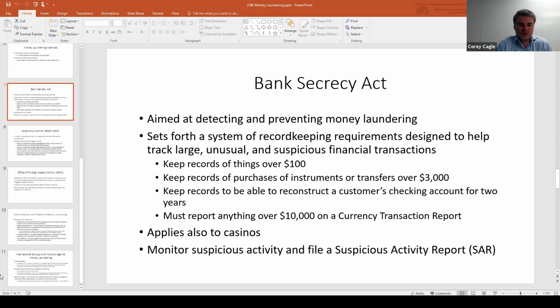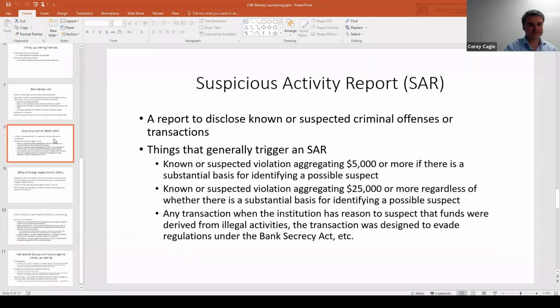And you monitor suspicious activity, and if you see it, you file a suspicious activity report, which is a report to disclose suspected criminal offenses or known criminal offenses. And then they gave a list of things that might trigger one of those. This is a little much, but again, just for the sake of completeness, I guess, we can sum that up.